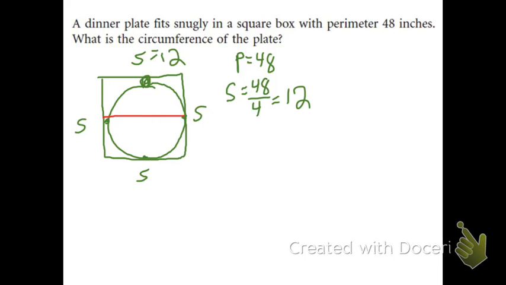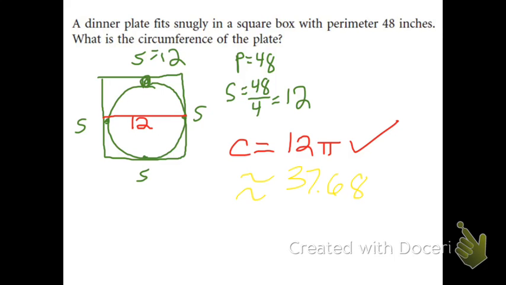Since the plate fits snugly in the box, we know that the diameter of the plate is 12. Knowing the diameter of the plate helps us find the circumference very easily by just doing diameter times pi. So your answer is 12 pi. And again, if they asked you to put it as a decimal, then you would do 12 times 3.14 on your calculator, and you get 37.68. Alright, that's about it. I hope this video was helpful, and have a good one.